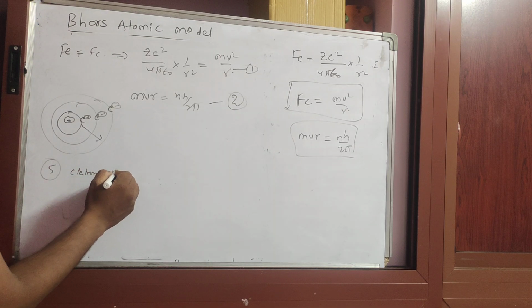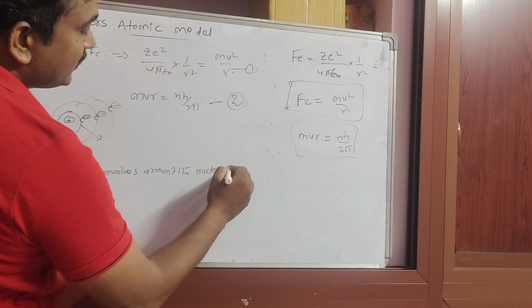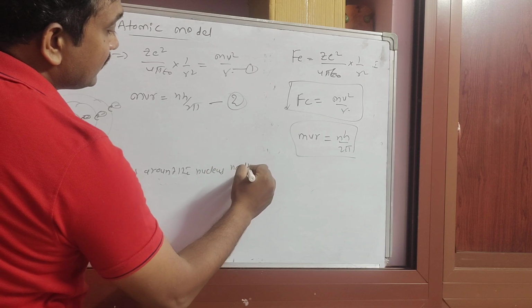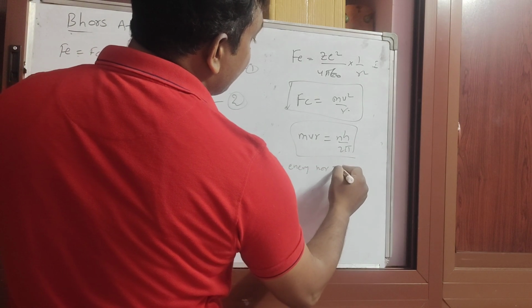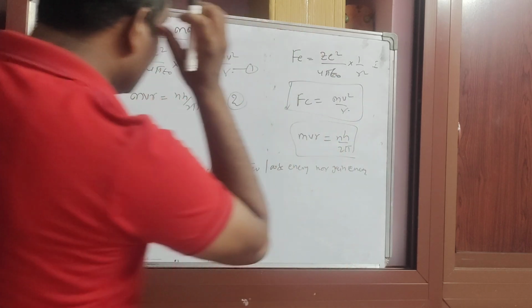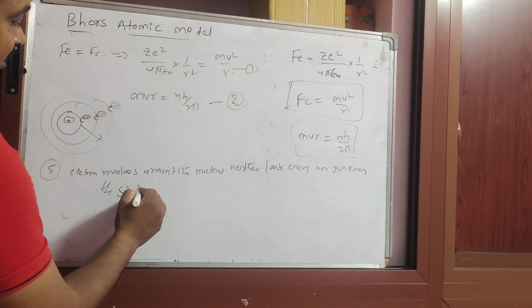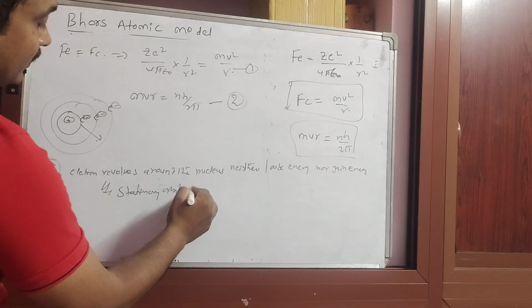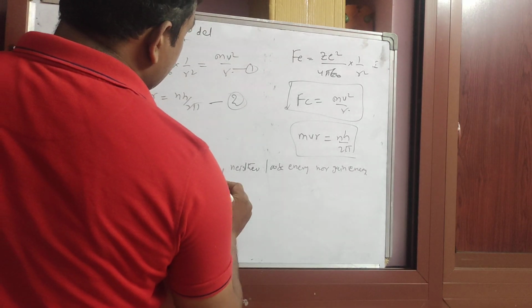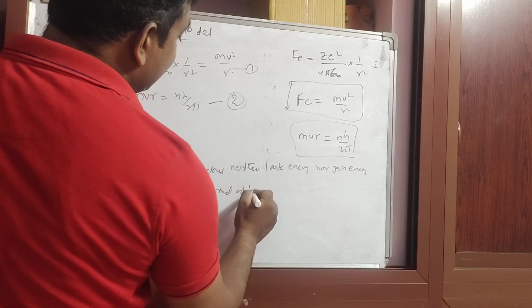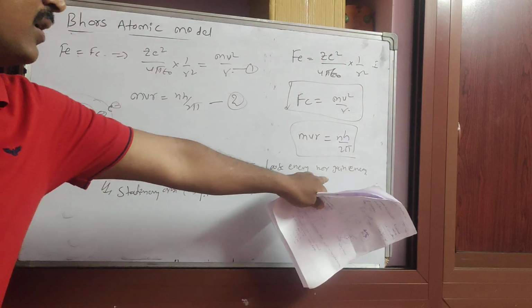that the electron revolving around the nucleus neither loses energy nor gains energy. These orbits are called stationary orbits, or fixed orbits. When an electron revolves around the nucleus in these orbits, it will neither gain nor lose energy.